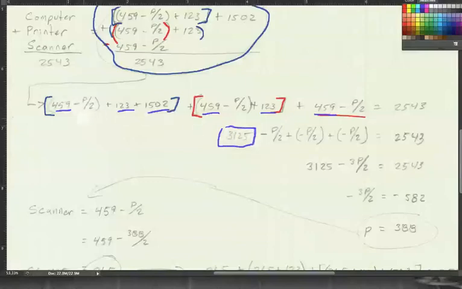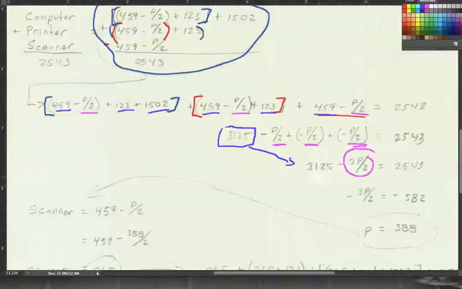I take all the negative p's: negative p over 2, negative p over 2, and then negative p over 2, and those are all represented right there. So I bring that down, and these three p's over 2 are going to equal negative 3p over 2.